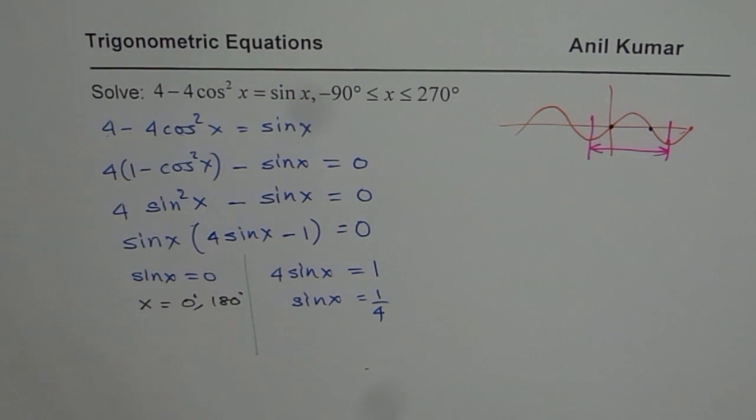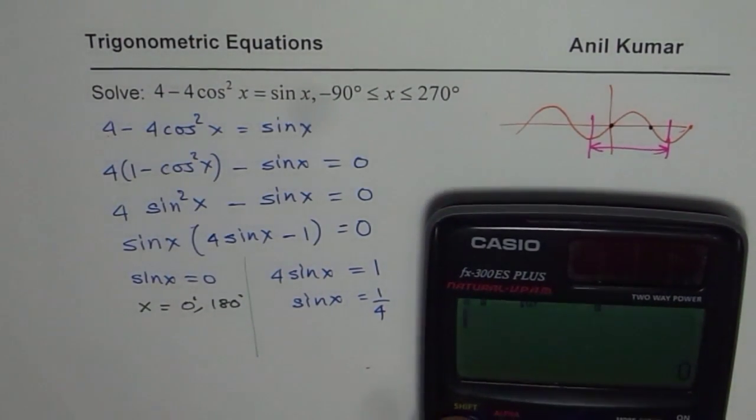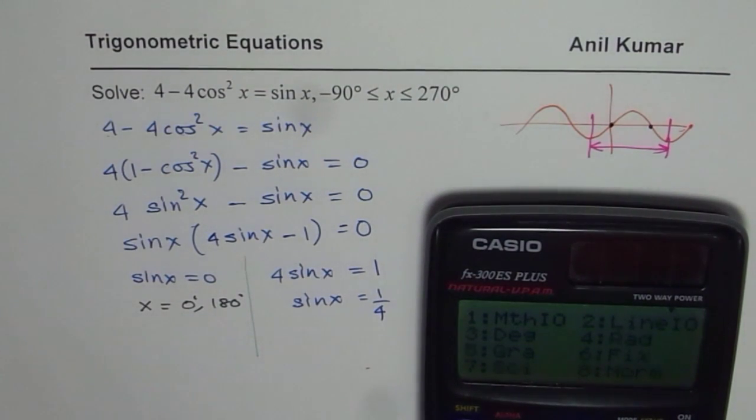To find the solution for sin x equals 1 over 4, I have to get the calculator. So we have a calculator here. First thing, convert to degrees. So 3 is the degree mode. And we need to find x for 1 over 4 value of sine.